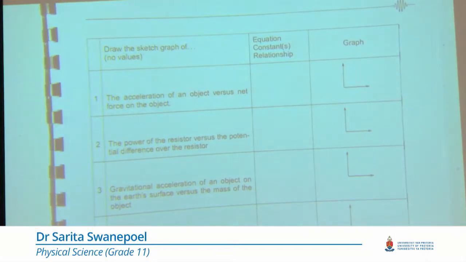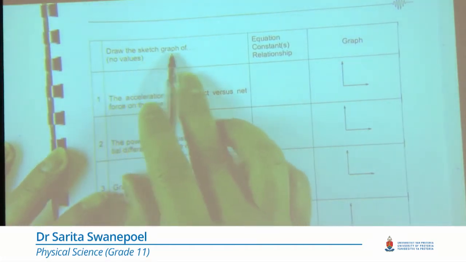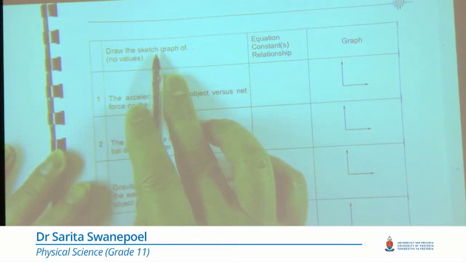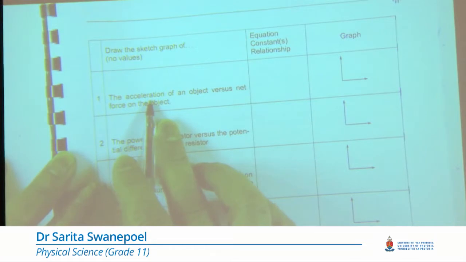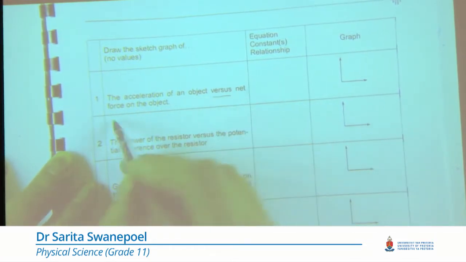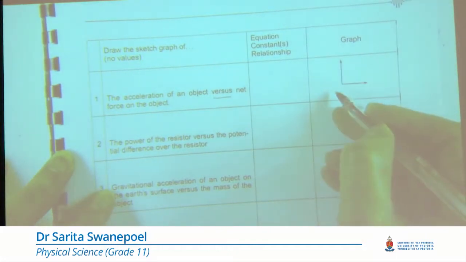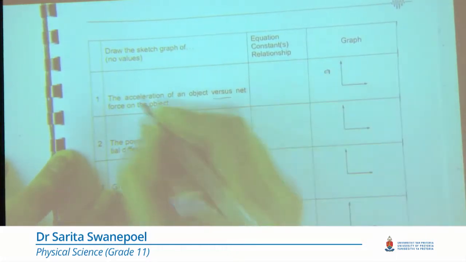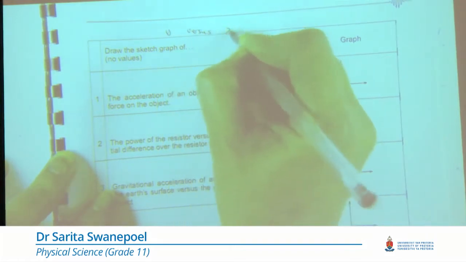Right, let's do the first one together. You have to draw a sketch graph, so you don't have to put numbers in there. Just a sketch graph of the acceleration of an object versus the net force. Which one should be on the y-axis? The acceleration, since it's y versus x.